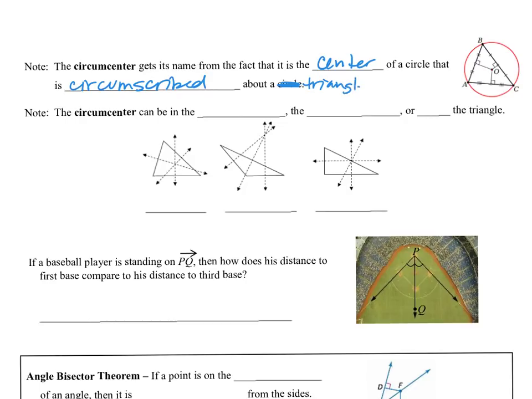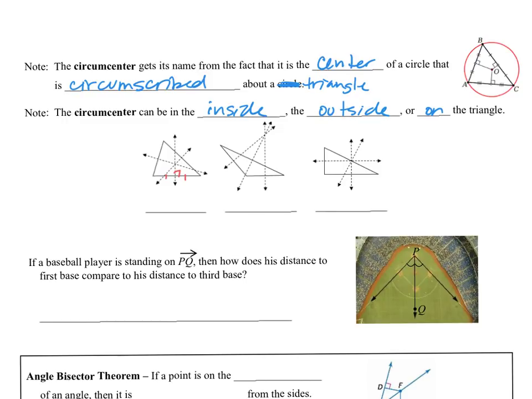Sorry about that. Okay. The circumcenter can be on the inside, on the outside, or on the triangle, depending on what kind of triangle we're talking about. So in this first picture, we have the three perpendicular bisectors. Let's make some marks to indicate that this line is a perpendicular bisector. We need to mark that it is perpendicular to a side and it also bisects the side.